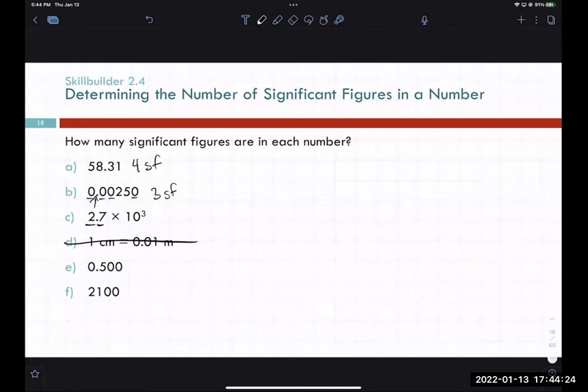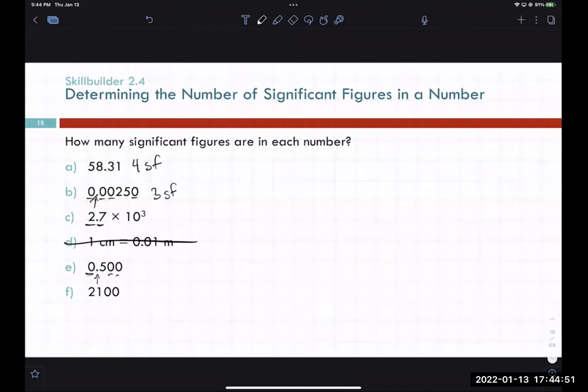What about E? 3. Again, this is a leading zero, so not significant. But because we have a decimal place and trailing zeros, those are significant. What about F? Ambiguous. If we're on a test and it was multiple choice, one of the choices would be ambiguous.